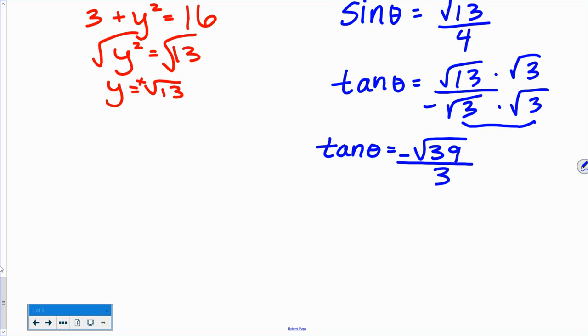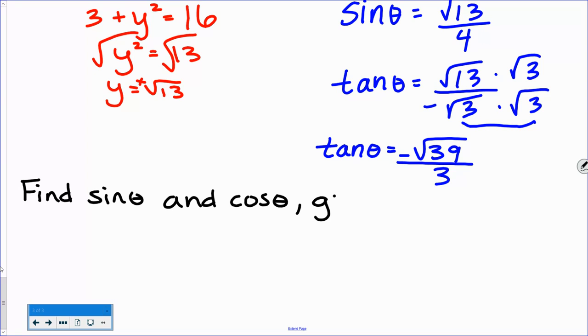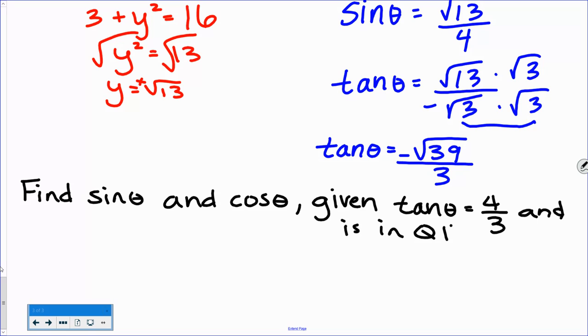Okay. I'm going to do one last example, and then we will be done with this lesson. Similar to what we just did before, we're going to find sine of theta and cosine of theta if we are given tangent of theta equals 4 over 3 and theta is in quadrant 3.